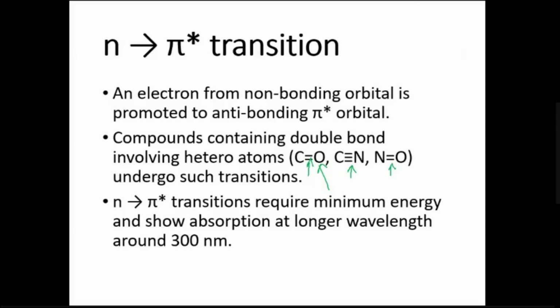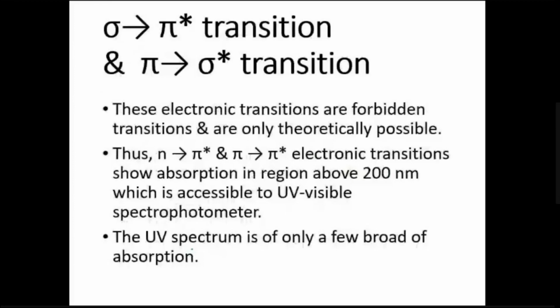Any group in which a heteroatom is attached to carbon via a pi bond will show this transition. This is the transition associated with the least amount of energy, so you require longer wavelength. At 300 nanometers also you will observe this.